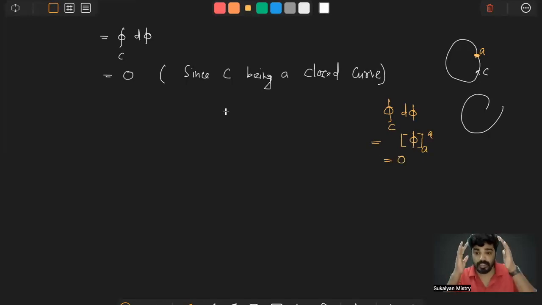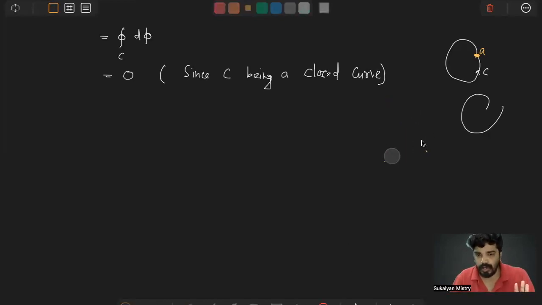So that's why if C is a closed curve, then integration over C of d phi is 0. Getting my point? Clear? Okay.